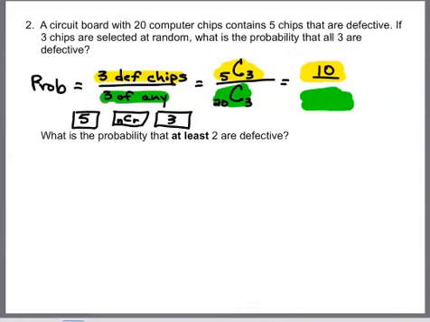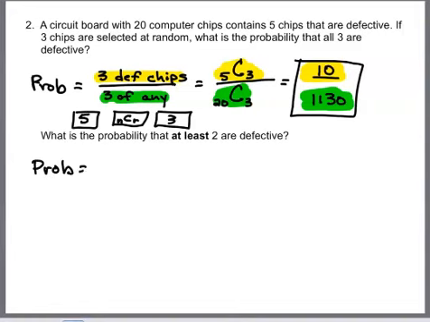If I do the same with 20C3, I should get 1140. And the probability is 10 out of 1140. I could reduce it. I could also change it to a decimal by going 10 divided by 1140. I'm just going to leave it at that.